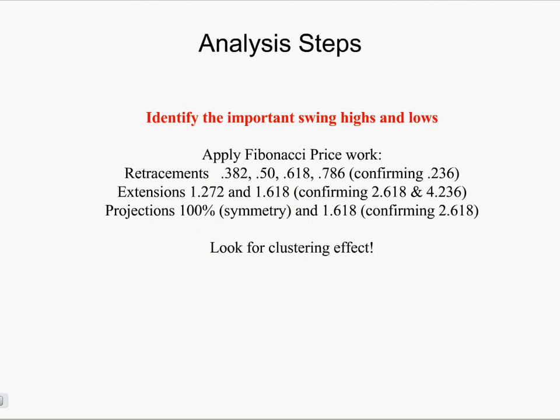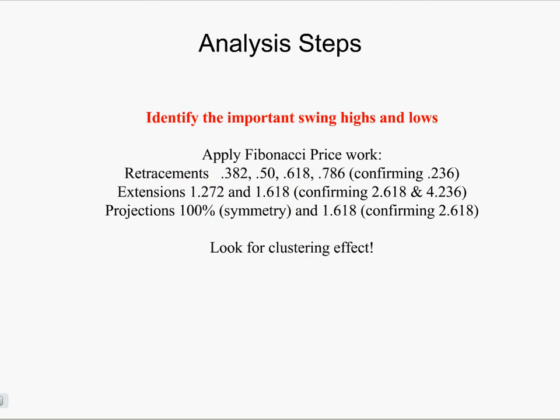Okay, as far as the analysis steps, what you need to do on any particular chart is identify the important swing highs and lows that you're going to run the retracements, the extensions, and the projections from, and then either look for the clustering effect, or in the case of symmetry, look for a symmetry setup using the 100% projection.